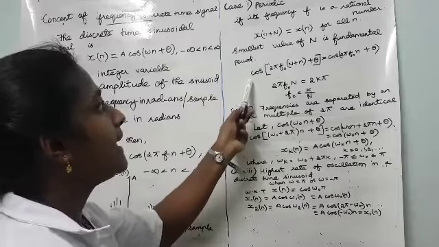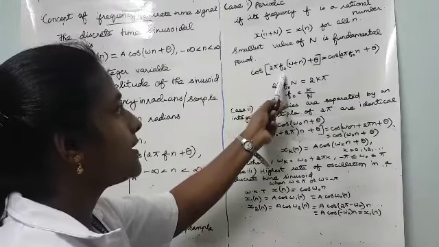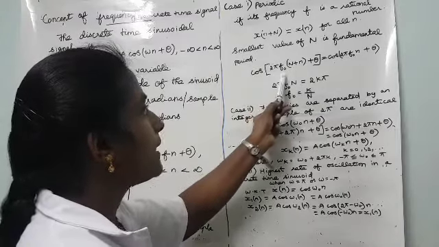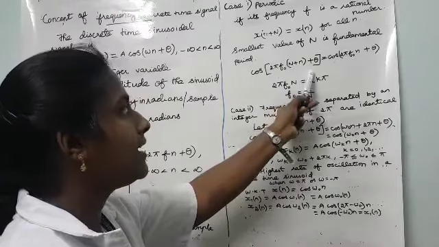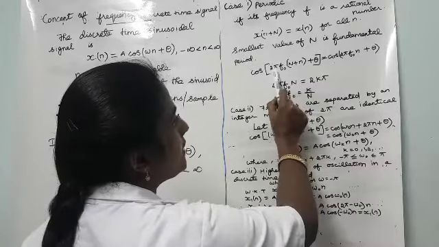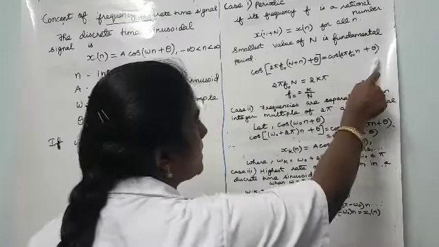Next, for a discrete time sinusoidal signal with frequency f0, we have the condition cos(2 pi f0 (n plus N) plus theta). Multiplying N inside, this equals cos(2 pi f0 n plus theta).